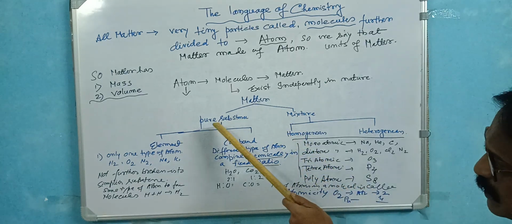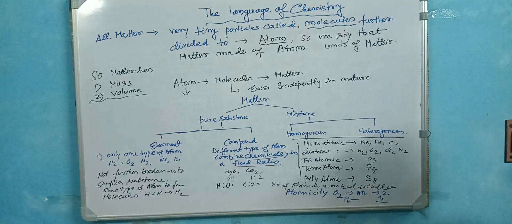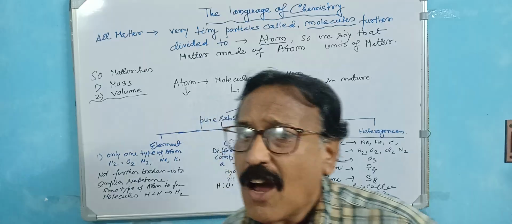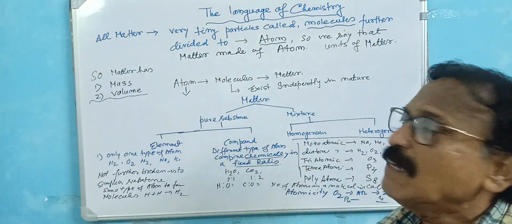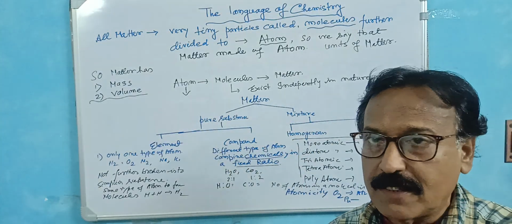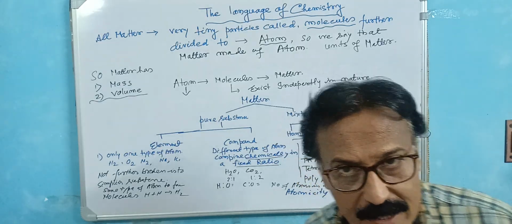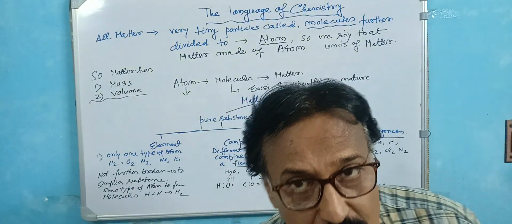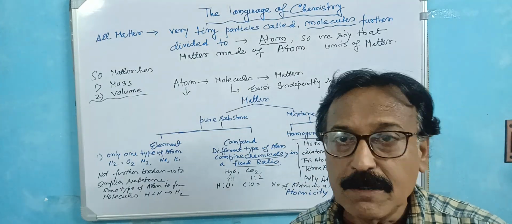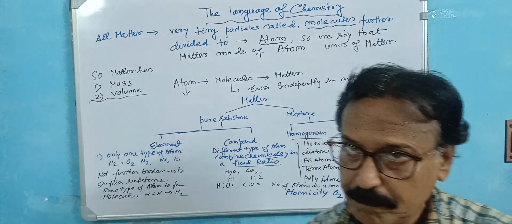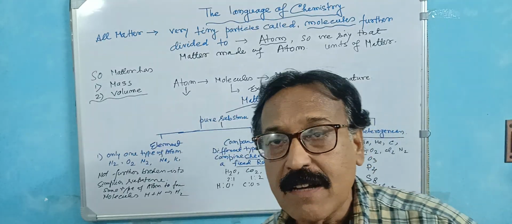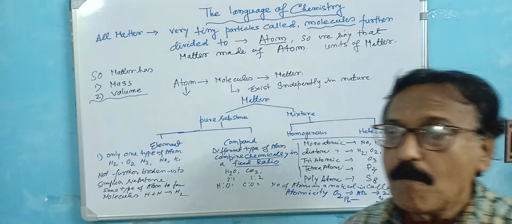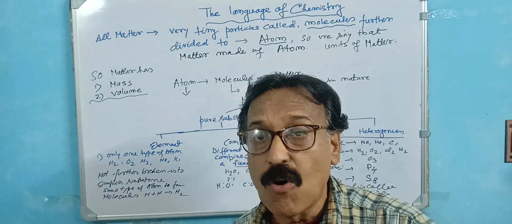Matter is first divided into two groups: one is pure substance, the second is mixture. Matter is made of atoms; the atom is the unit of matter. That means lakhs of atoms combine to make a matter. In between this matter and atom, molecules are there. One or two atoms combine chemically to form a molecule.